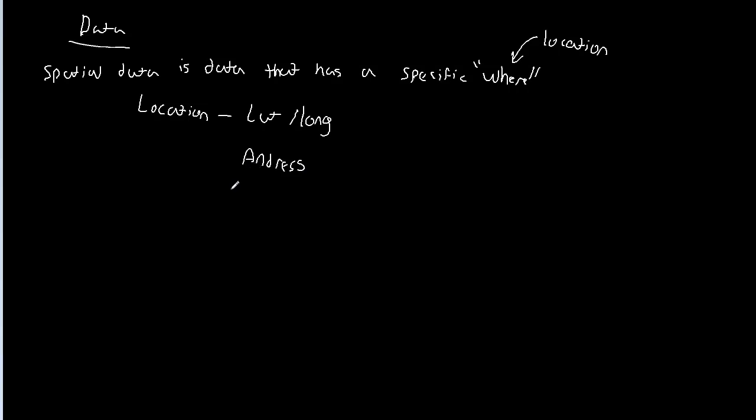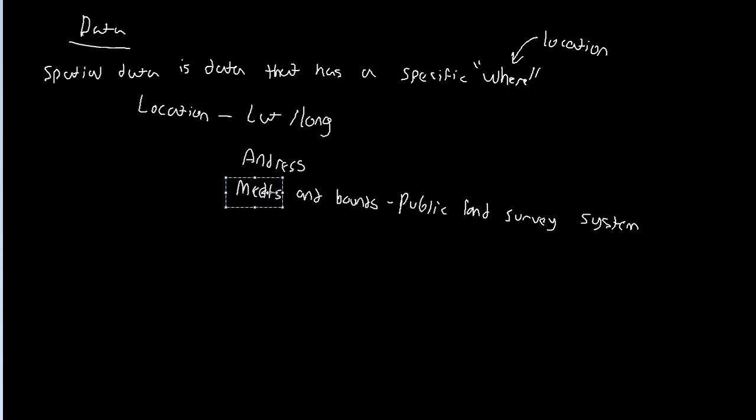You can also have it through what's called metes and bounds. This is known as the public land survey system. That's M-E-T-E-S. Metes and bounds, or the public land survey system.